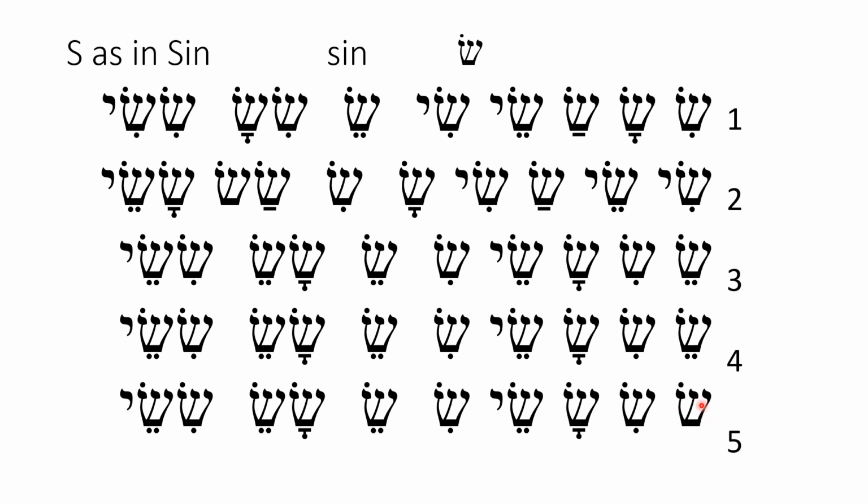We'll have some more practice with this in the exercises coming up, but I did want to show you that, and there's another thing that can be confusing. If you had the shin with the O vowel, you would have 2 dots. You would have one on the right and one on the left, in which case you just have to use some logic, I suppose, to say, okay, I know that every consonant has to have a vowel.